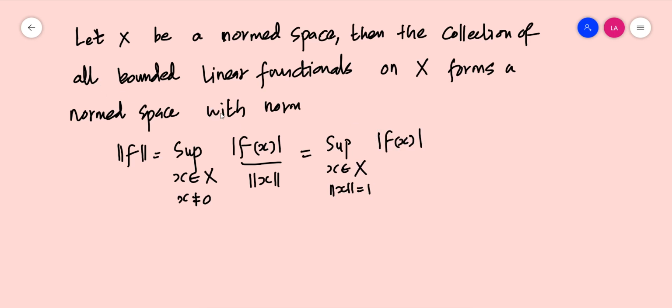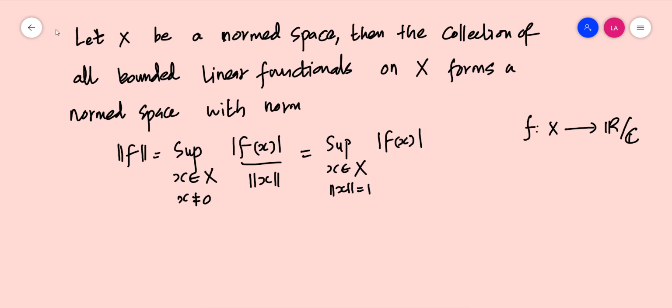instead of T we have used f, and f is a linear functional from X onto R, the set of all real numbers, or complex numbers. So instead of using norm here, we have used the modulus.